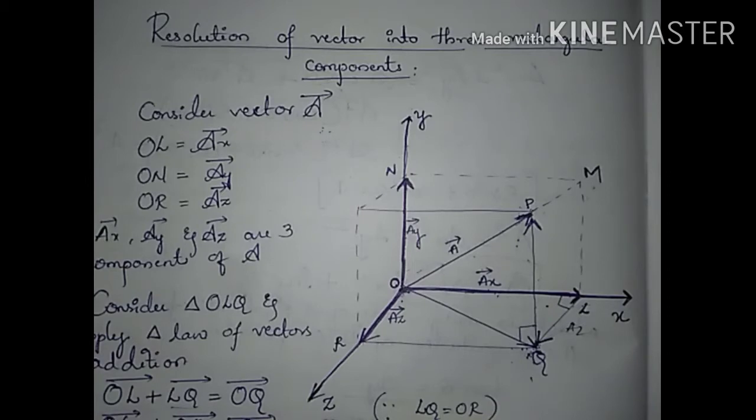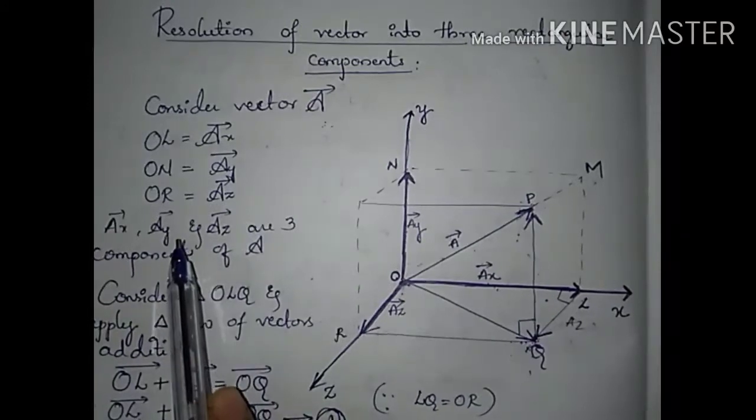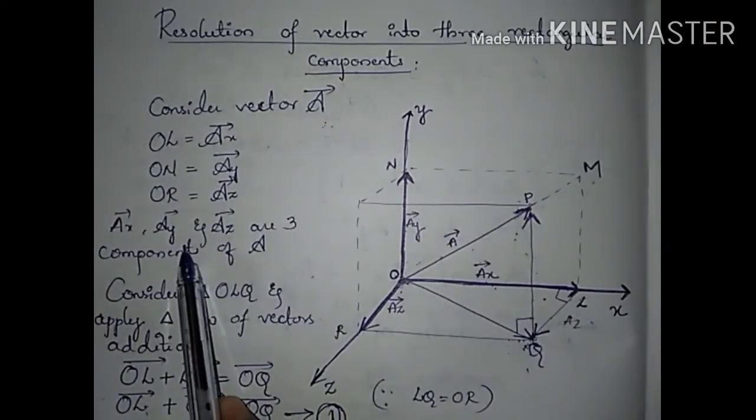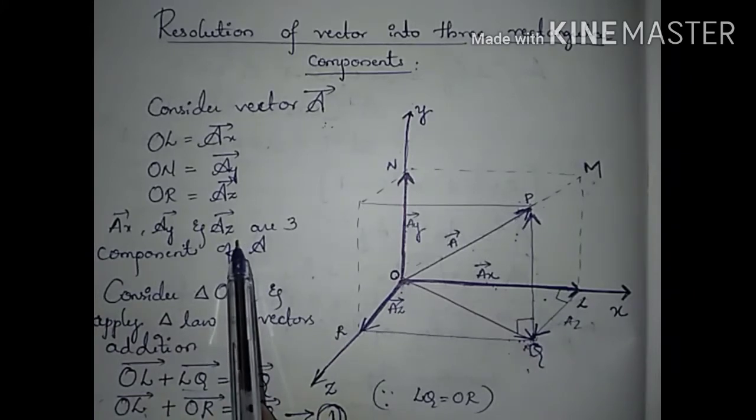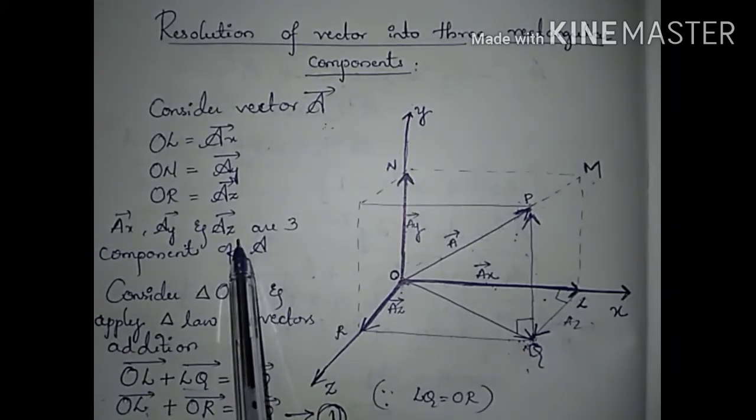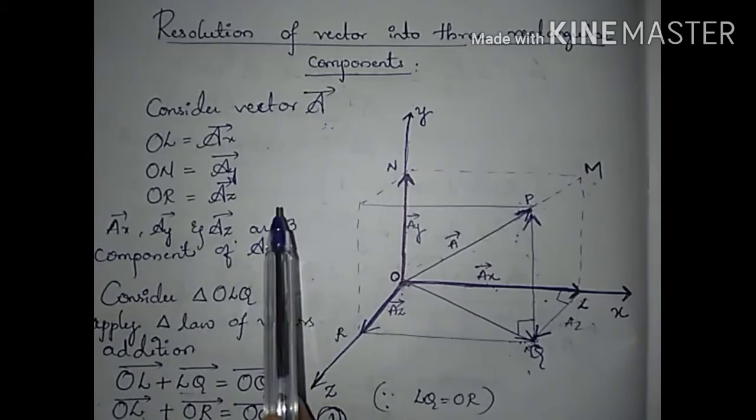The component of A along the x-axis is known as AX, along the y-axis is AY, and along the z-axis is AZ. This is clear to us.